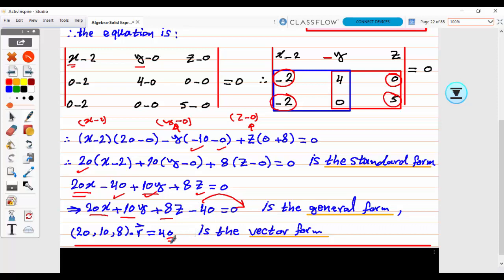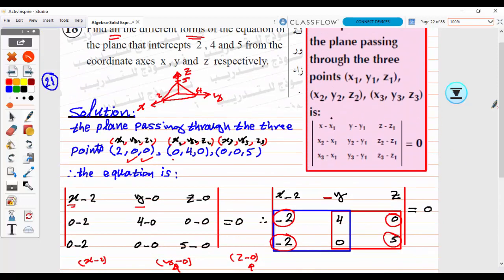So we deduce the vector form from the general form, and we deduce the general form from the standard form, and the standard form from the determinant. And we have this determinant to get the equation of the plane which passes through the points x1, y1, z1, and so on. Next question.